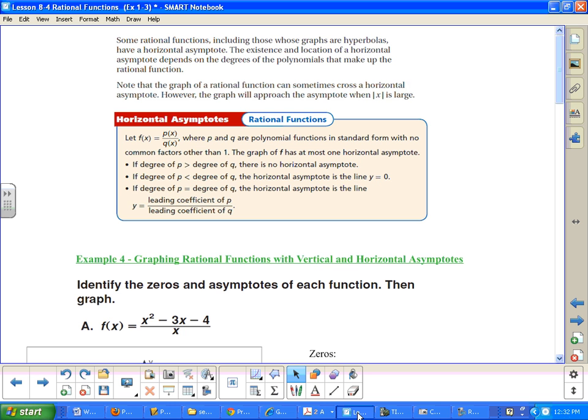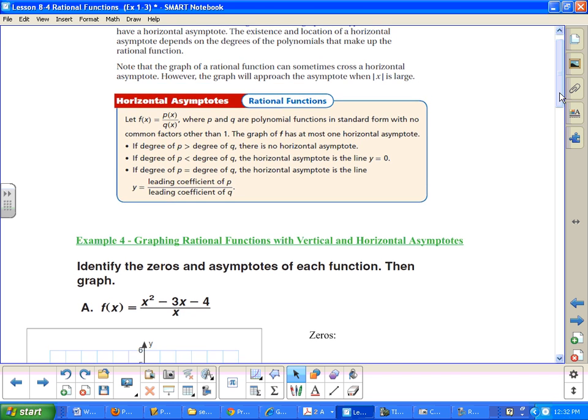And if the degrees are the same, then the horizontal asymptote is y equals the ratio of the leading coefficients. And I'll explain that a little bit more. In some instances, they talk about end behavior with this also.